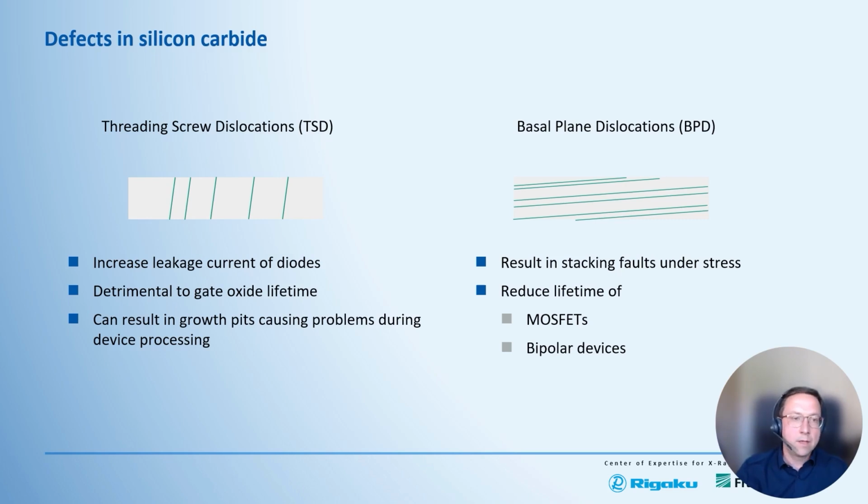That means these defects need to be controlled from the starting point, from the crystal growth, until the final device processing. Especially at the initial stage, these defects need to be recognized and counted to make sure which material quality is used in further device processing. And maybe the defects on the substrate level can be correlated to the further device performance.